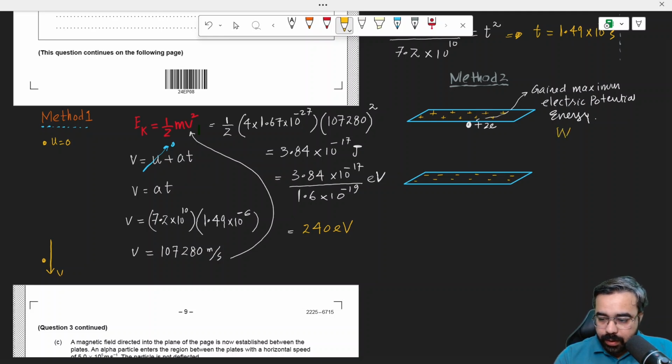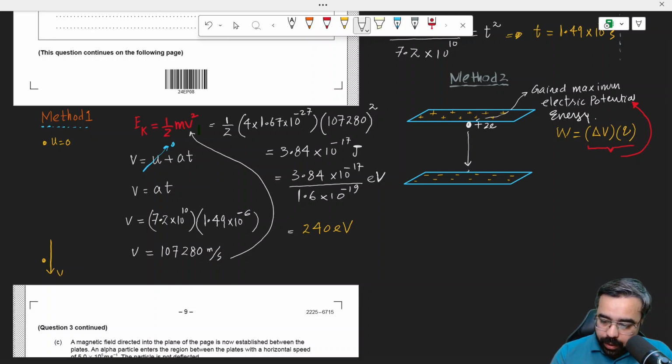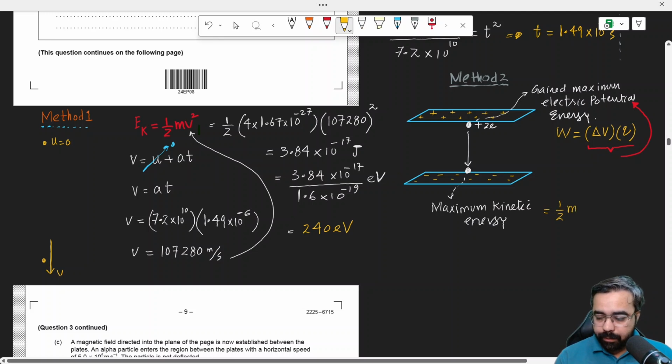Now the work done is equal to the potential difference times the charge. This is a gain of electric potential energy, and this potential energy will ultimately convert, when it is moving to this point, into the maximum kinetic energy, which is 1 over 2 mv squared.